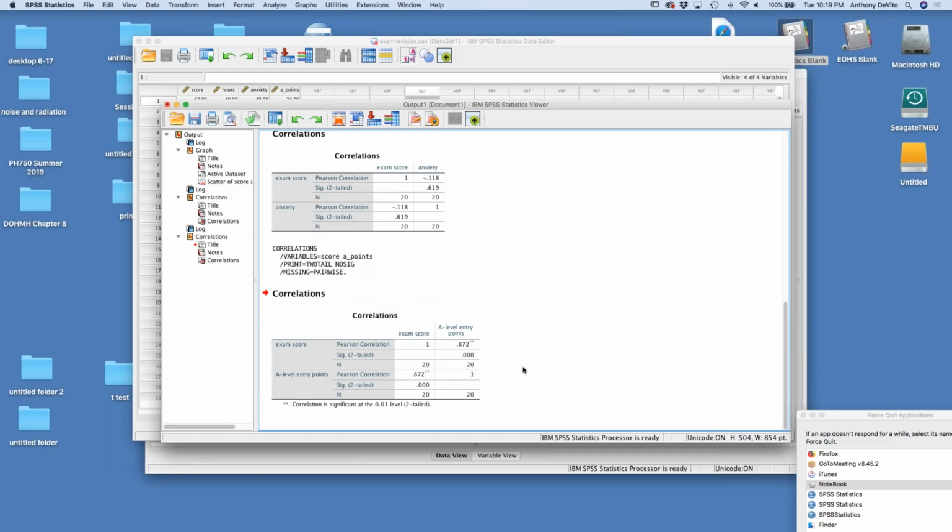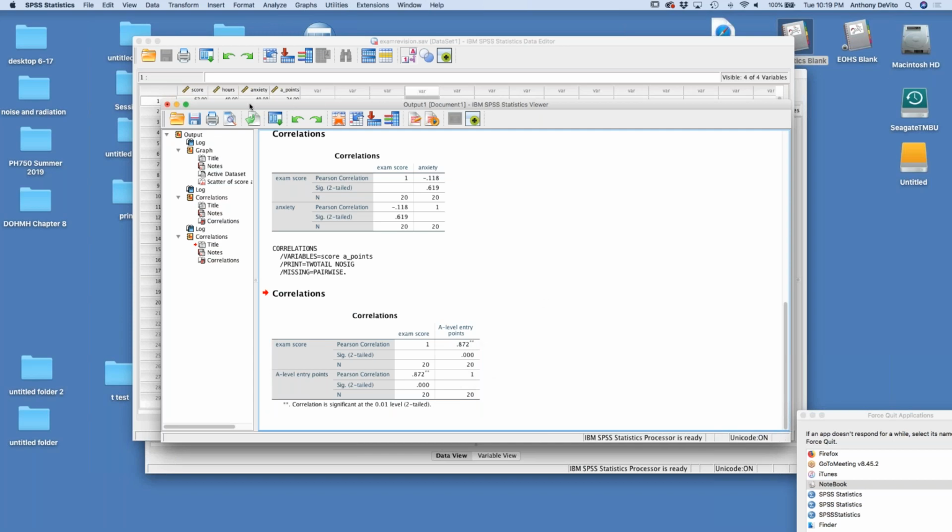And we also see the significance of 0.000, so I can reject the null hypothesis, R is equal to 0, and accept the alternative hypothesis that there is a correlation between the entry level points and the exam score. So it's a strong association.